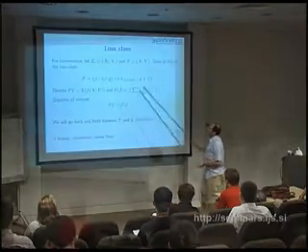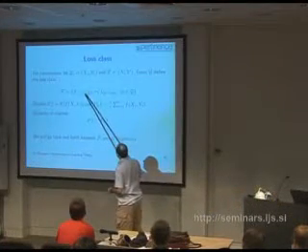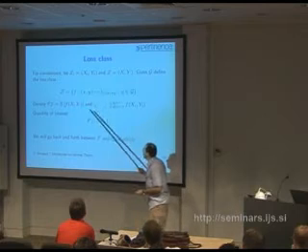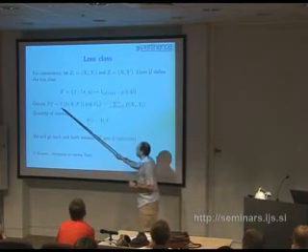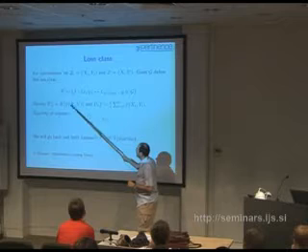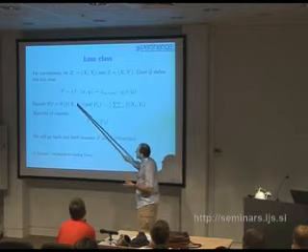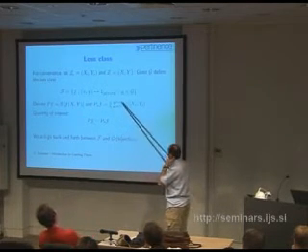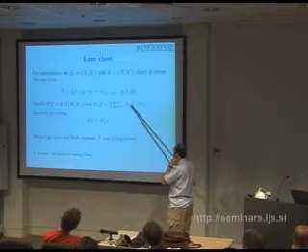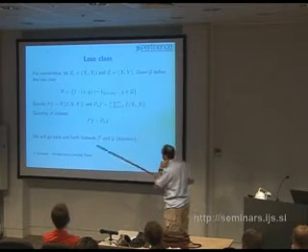Now, once I have done this, of course, I can write the loss as the expected value of f computed at x, y, or z, and the empirical loss as the average value of f computed at the data.